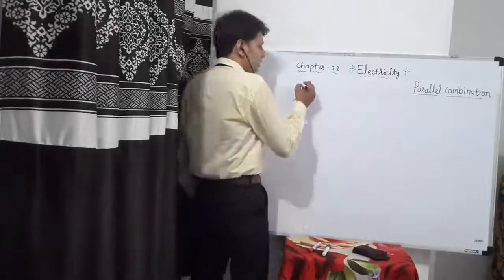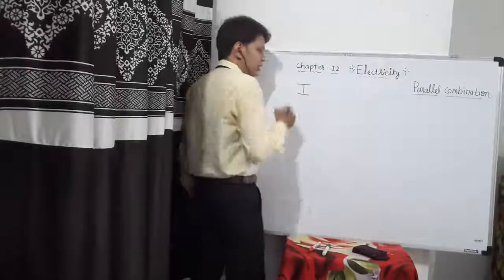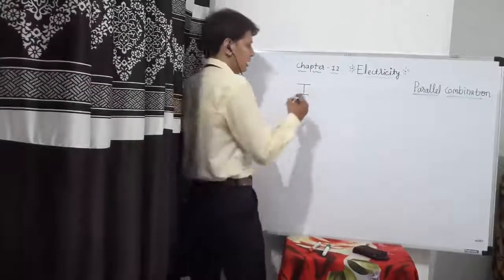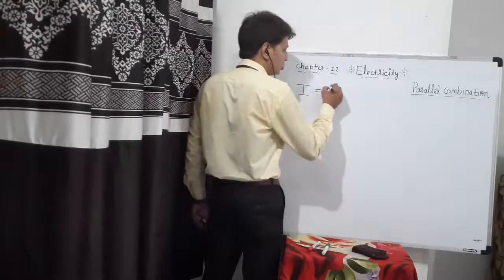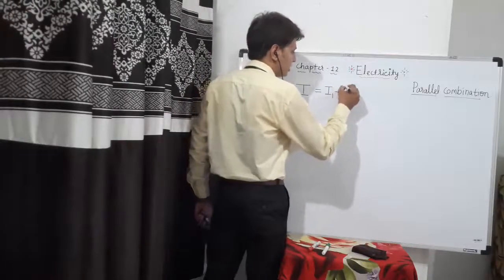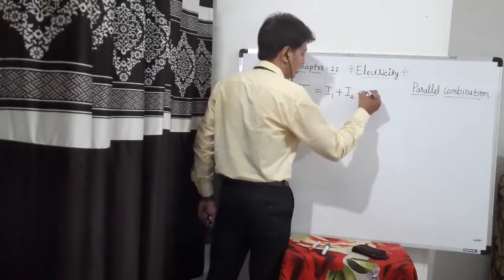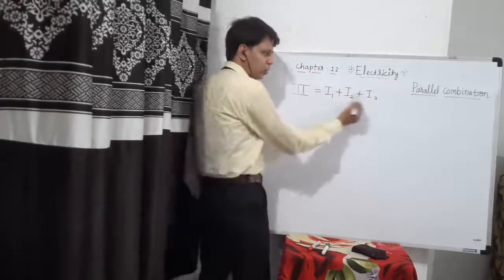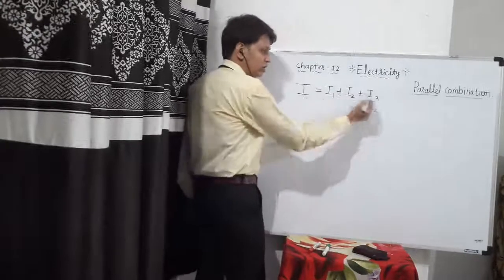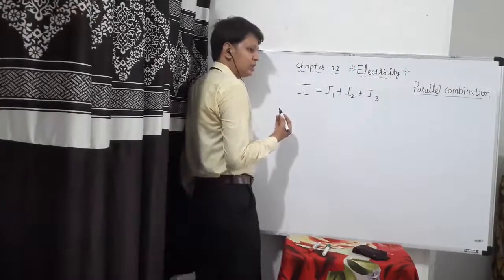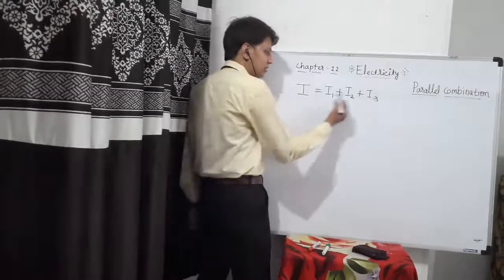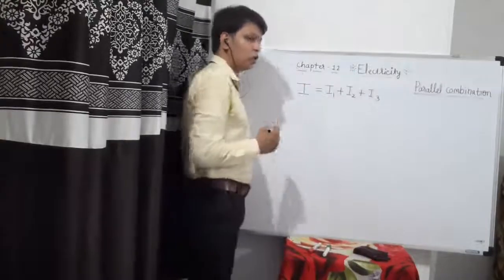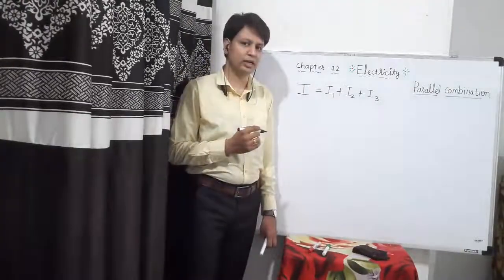So the current through the whole circuit is I, and the current through individual resistors are I1, I2 and I3. That is, current is getting distributed and the total current is equal to the addition of the individual currents passing through each and every resistor.